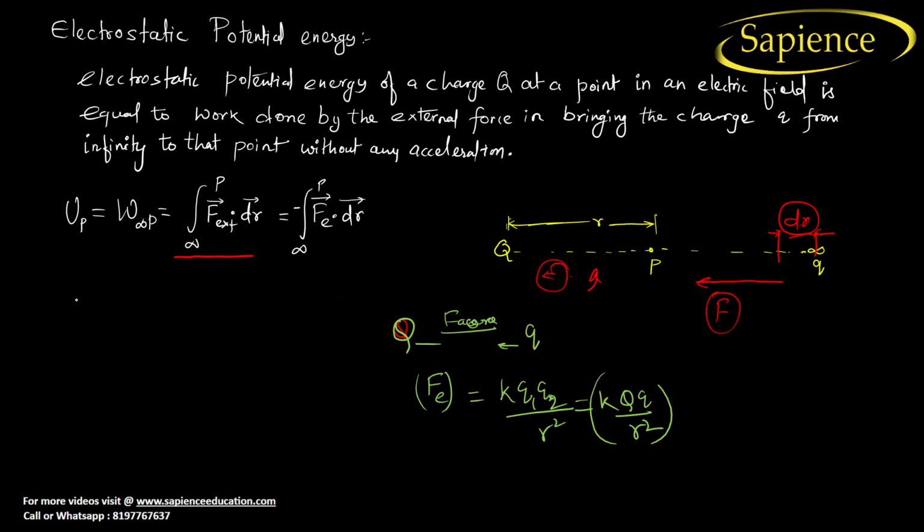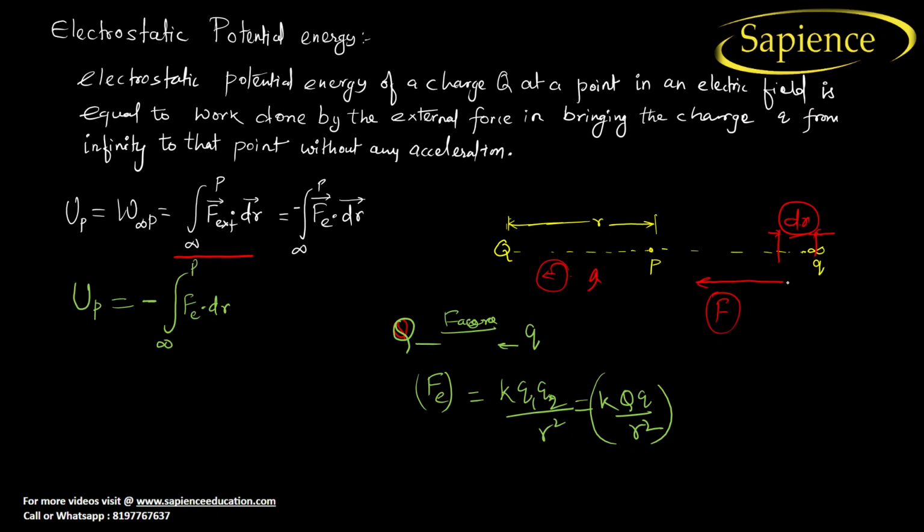Now it means that the potential energy can be written as U equals negative of the work done, that is equal to the integral of F_e dot dr. Why negative?